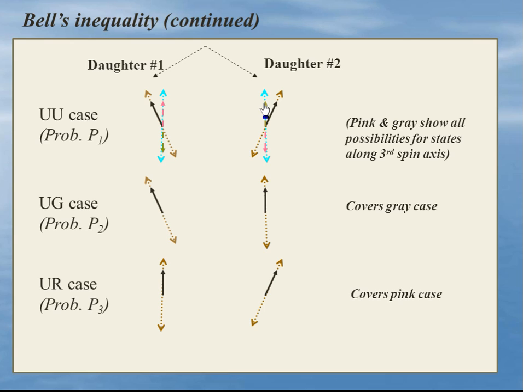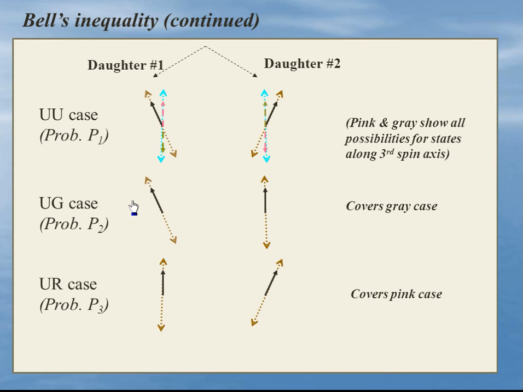And we're only looking at particles that fit the UU case. So we'd have this detection along the daughter 1 axis. Right. So just to recap, all of the particles in the UU case that correspond also to the green situation would also receive a positive detection for the UG case.